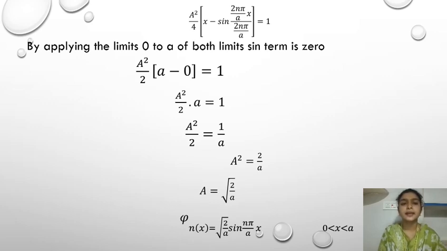A square by 2 of (a minus 0) equals 1. A square by 2 into a equals 1, so A square equals 2 by a. A equals root of 2 by a. Psi n of x equals root 2 by a sin n pi by a x, for 0 less than x less than a.